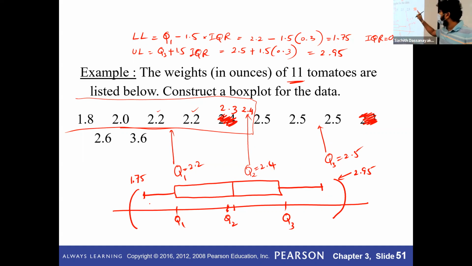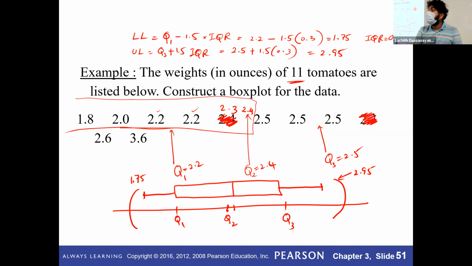Now I need to find the min and max. Before I find that, I need to find outliers. If I have any outliers, then you have to show them here. Let me check. First, I'm going to check with the lower limit, this 1.75.